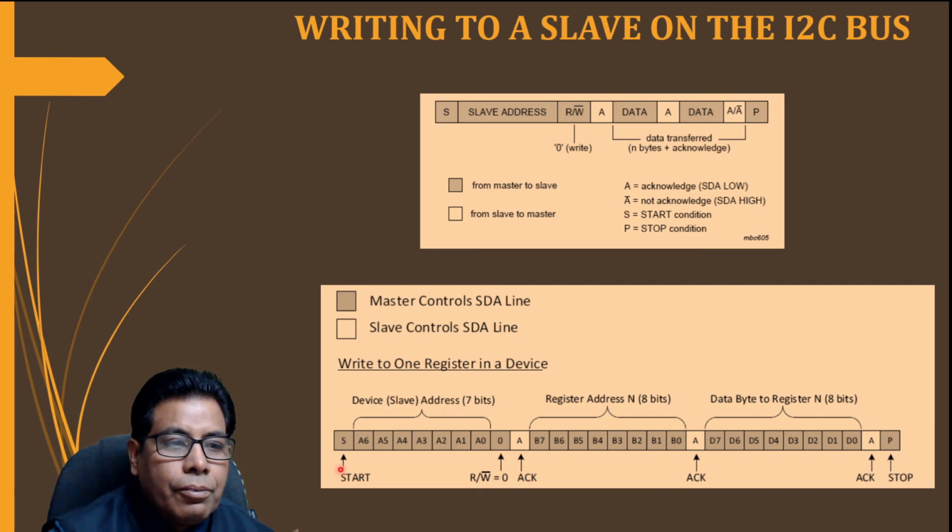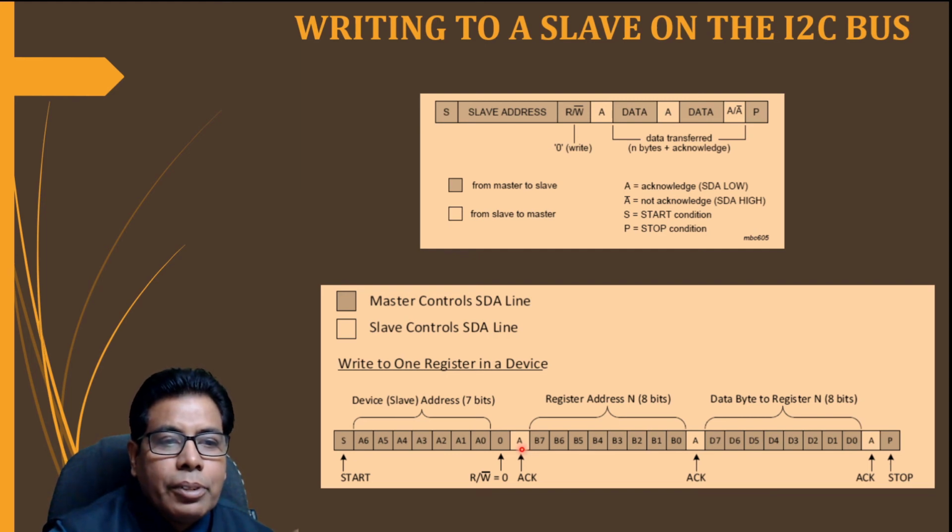First it will start with the start condition, and this is the 7-bit address starting with MSB A6 to A0, and then we have the RW bit, which is 0 in this case. That means we are interested in sending the data to the slave, then the slave will give this acknowledgement.